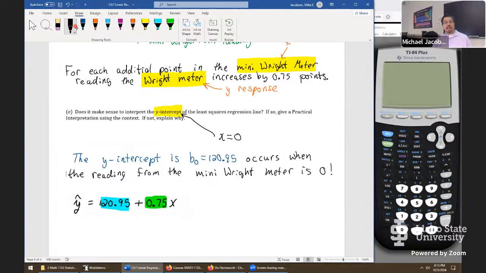And really, two things could happen. Maybe the person is choking, having a medical emergency, or maybe the mini rate meter device just broke, something like that. It's just not working, not registering a value at all.